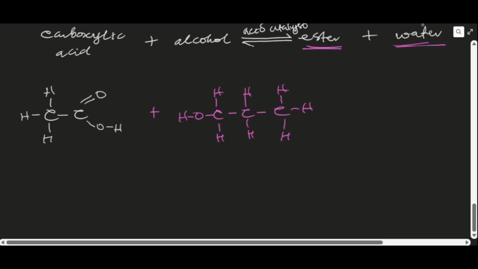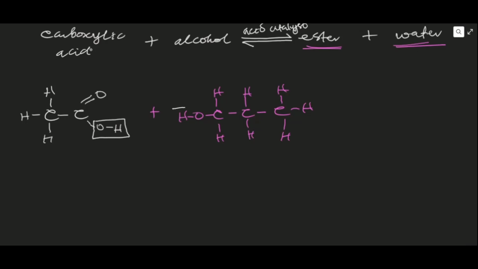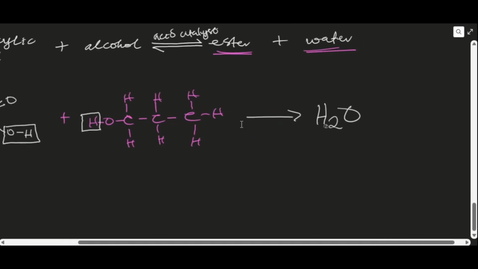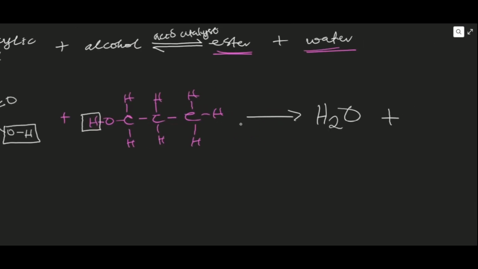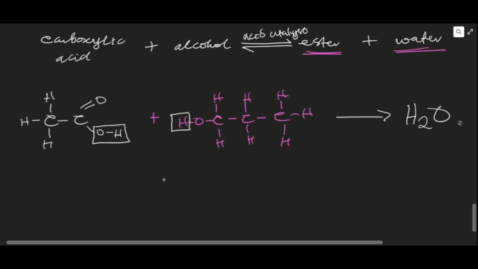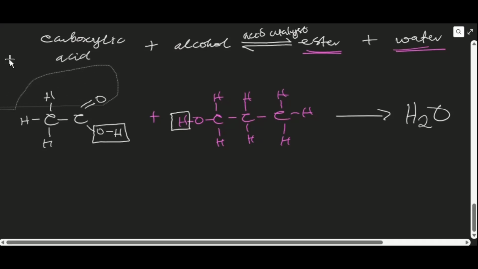So let us extract the water from this reaction first. Carboxylic acid part will give the OH. The alcohol part will give the H. OH and H will give us water. And then what about the ester? We just combine what we have left. So let's pick what we have left from the acid, this.